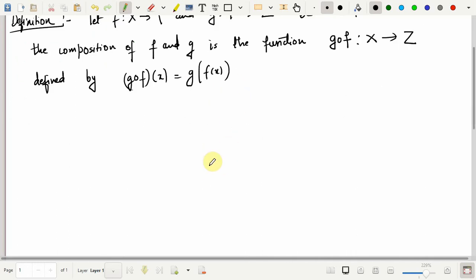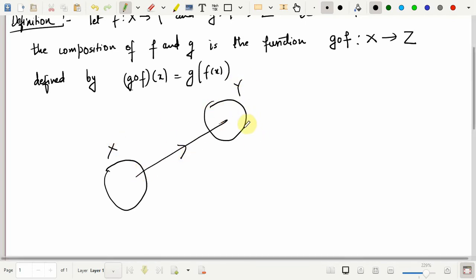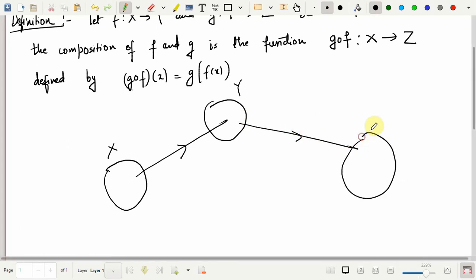So geometrically we have two functions, say f going from X to Y and g going from Y to Z. Okay, so this is f and this is g.